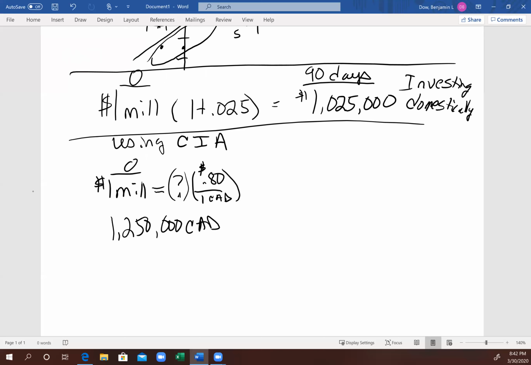Now, if you have Canadian dollars and can earn 4%, you will end up with 1,300,000 Canadian dollars after 90 days.